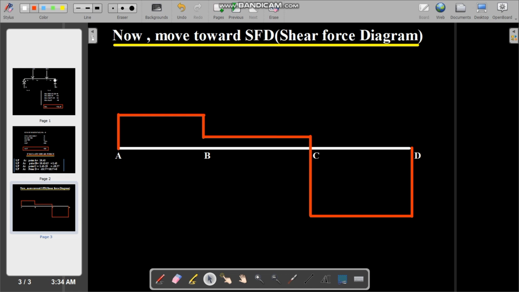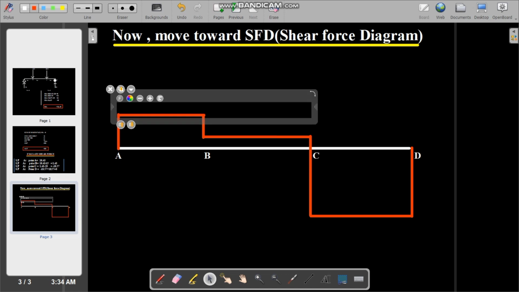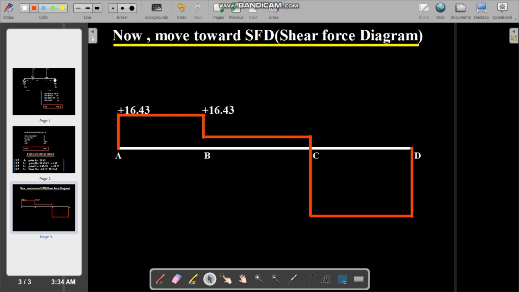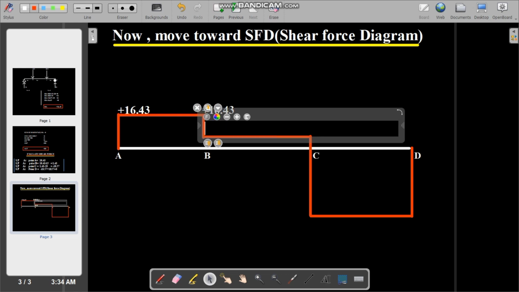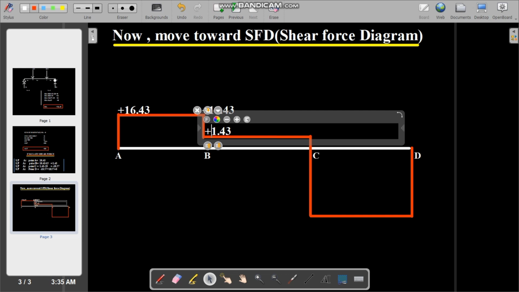So there are the points where we applied the shear forces, and the values. Point A is 16.43, which is positive, and point B is 1.43, because we are moving toward lower points. We just draw and write here to understand easily.